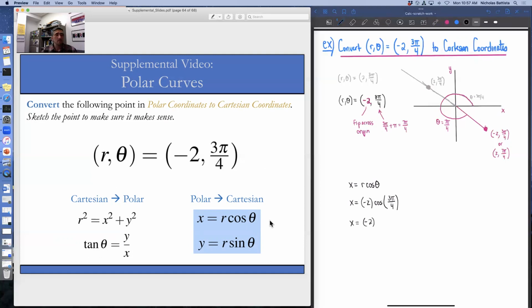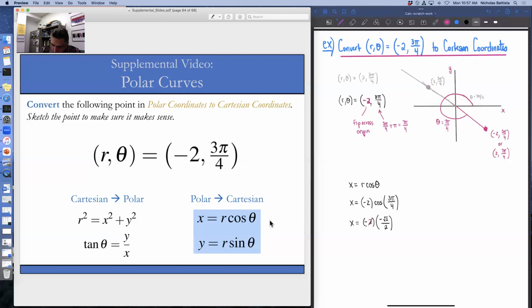3 pi over 4 is related to the angle of pi over 4, whose cosine is square root of 2 over 2. However, since 3 pi over 4 places us in quadrant 2, and cosine is negative in quadrant 2, this is actually equal to a negative square root of 2 all over 2. So we can see some cancellation is going to happen.